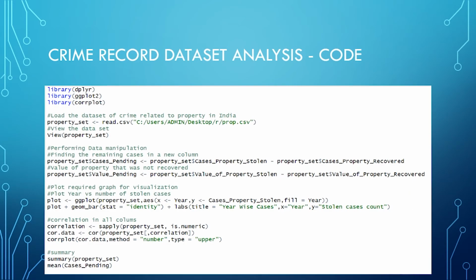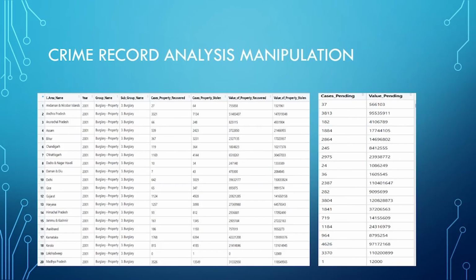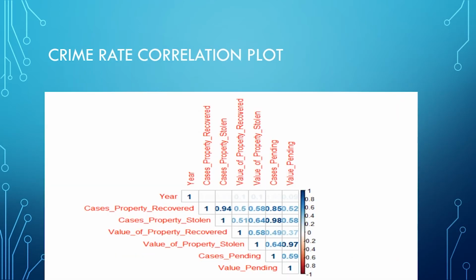Next, after this, we could see the correlation. Correlation is an important concept in data analysis, which will help us in analyzing the data in a better way. So we could see that correlation plot here.